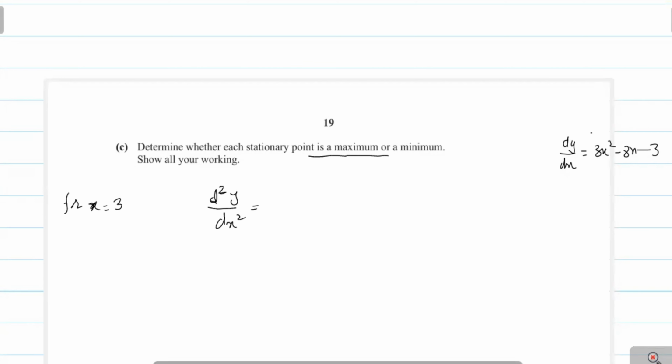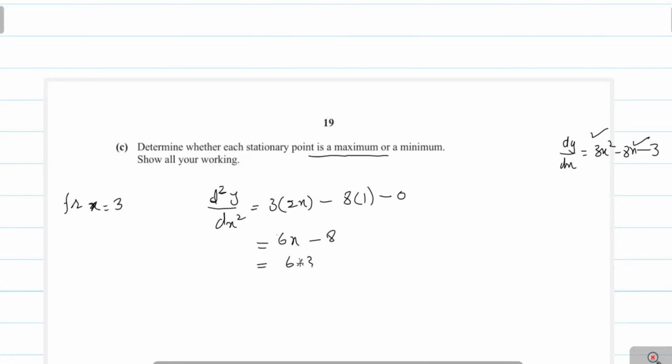Firstly we take the second derivative. The second derivative of 3x square is 6x, and minus the derivative of 8x is 8 into 1, minus the derivative of 3 is 0. This will be equal to 6x minus 8, and we put the value x here as 3.